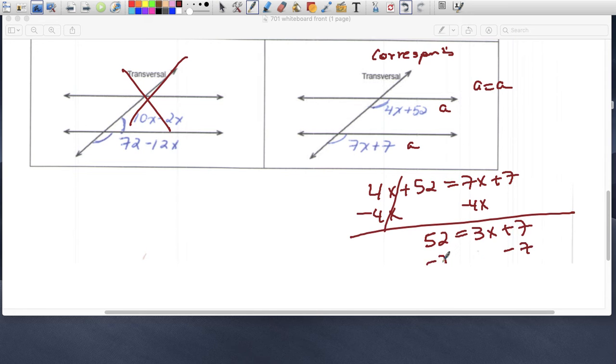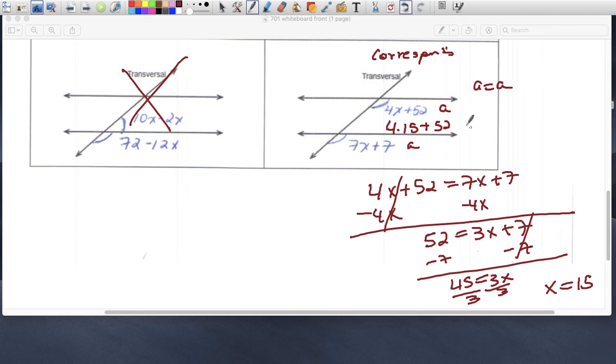Minus 7, minus 7. This is 45. Divide by 3, divide by 3, x equals 15. Good. So we can go back here and substitute. So we get 4 times 15 plus 52. 4 times 15 is 60 plus 52. This equals 112.